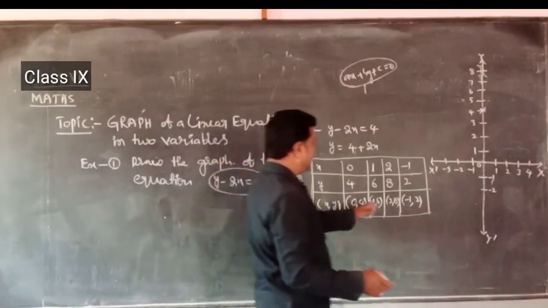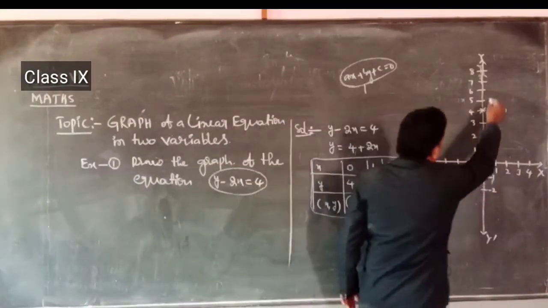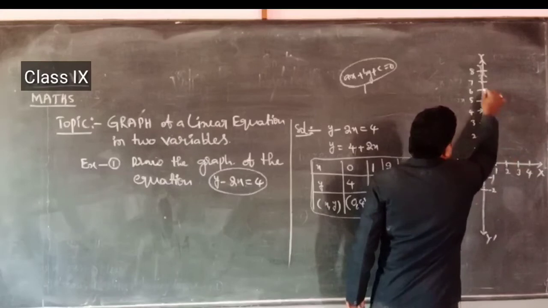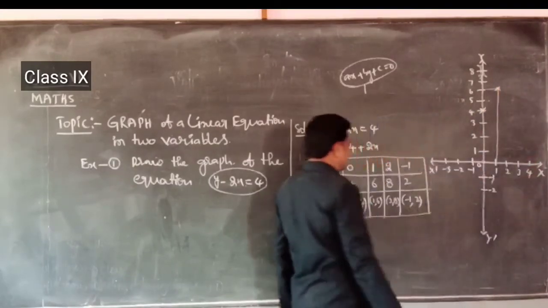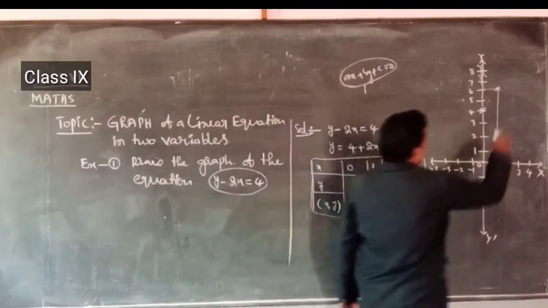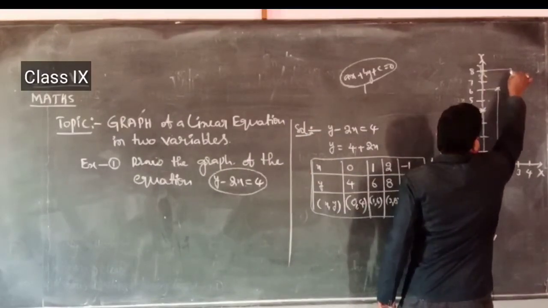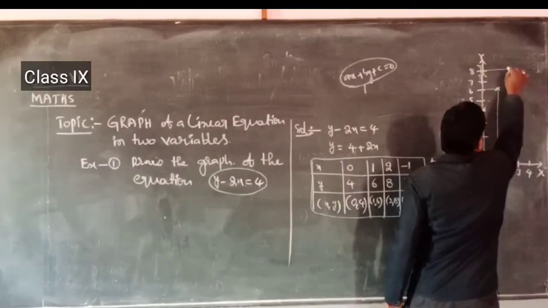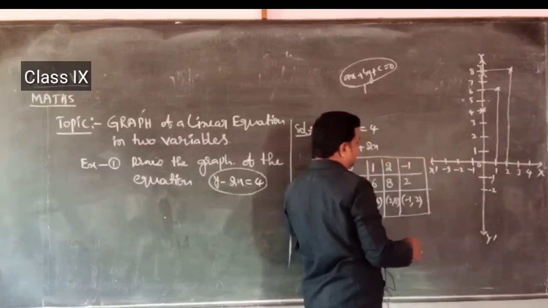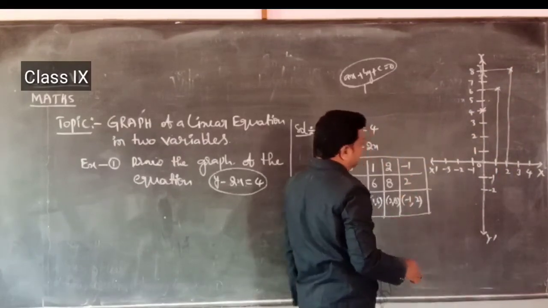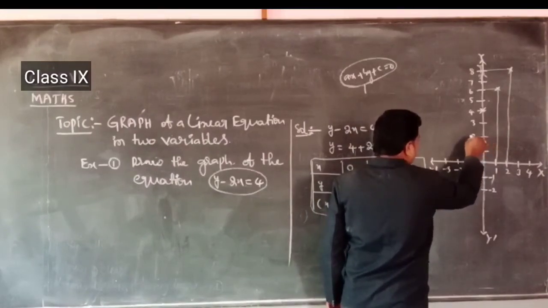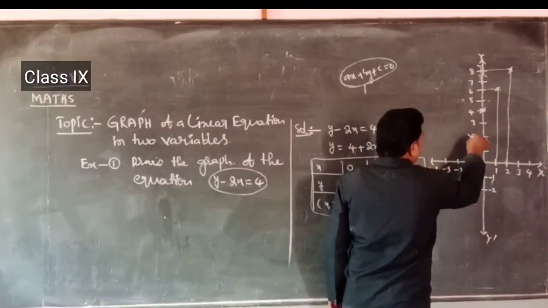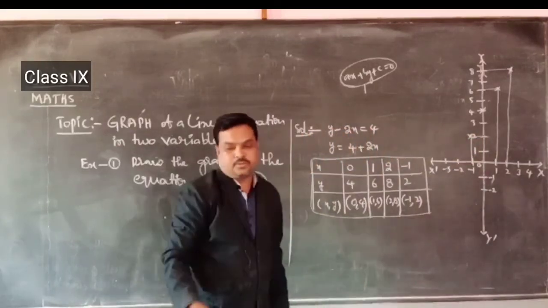The second ordered pair is (1, 6). The third ordered pair is (2, 8). And the fourth ordered pair is (minus 1, 2).